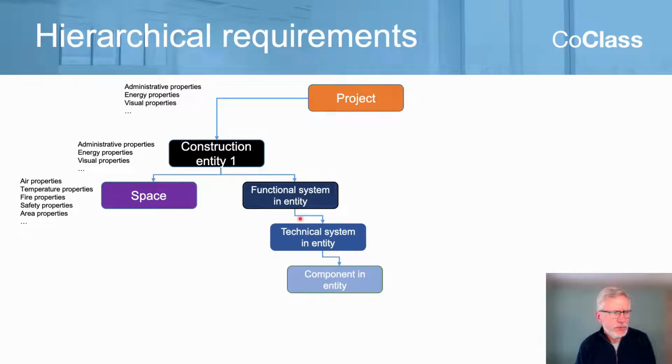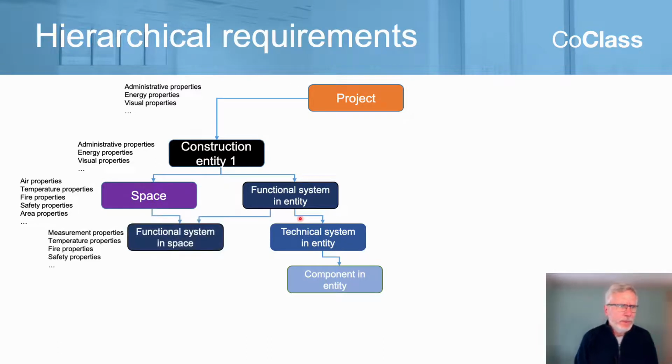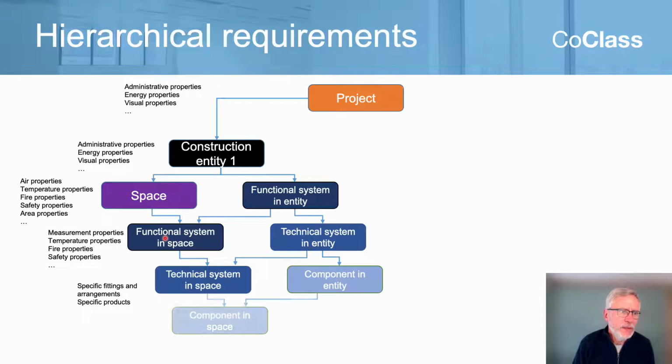And of course you have the spaces, and the spaces also contain functional systems, and are made up of functional systems. So if you have put requirements on this level, those requirements are also valid on this level. And the same goes for the technical systems and the components.